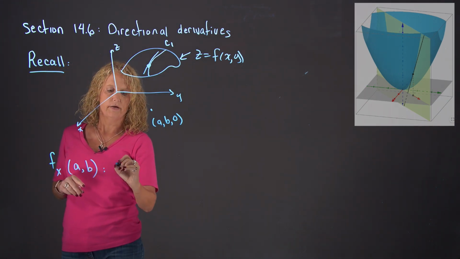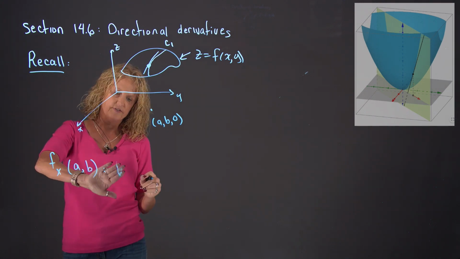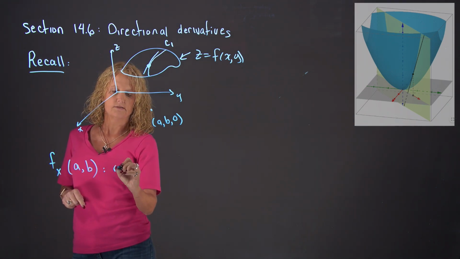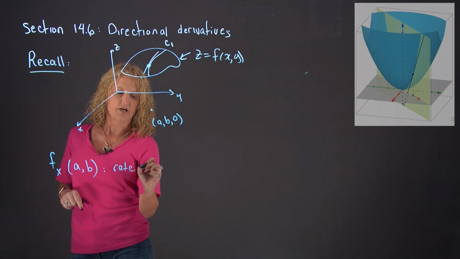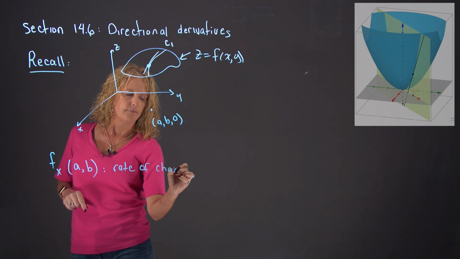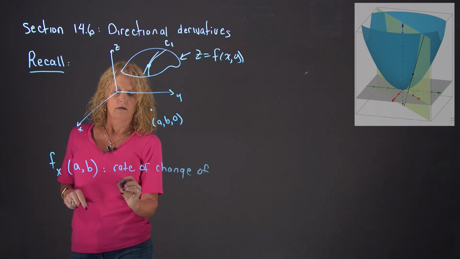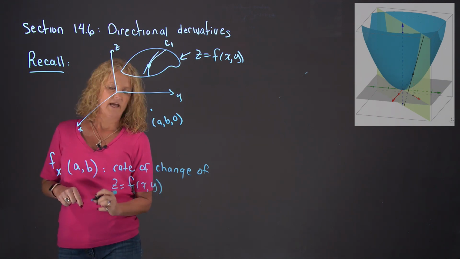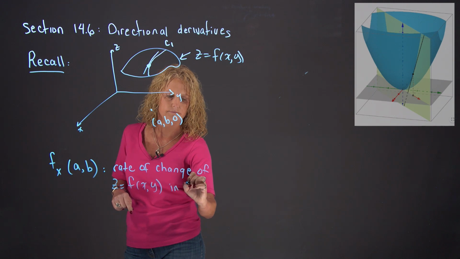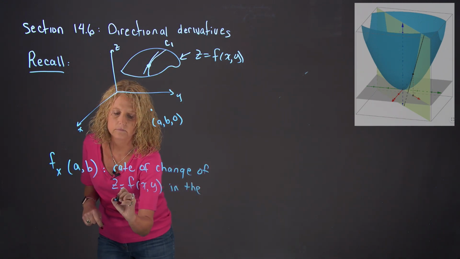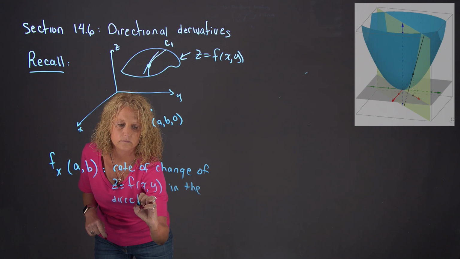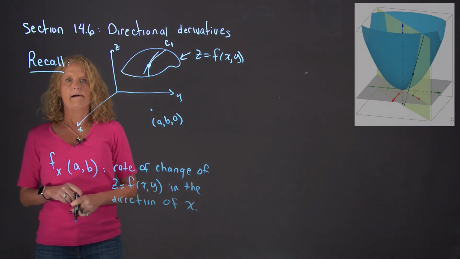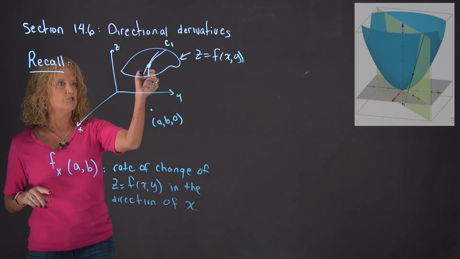So what we would have to do here is take the derivative essentially. I'm not going to go through an example because we did a lot of these. But the geometry behind it is the rate of change of z equals f of x, y in the direction of x. And again, it's the slope of that tangent line.